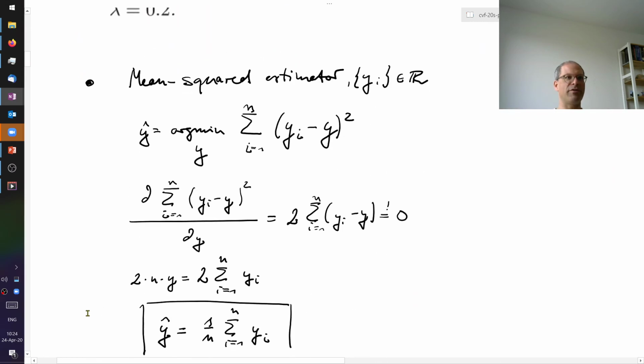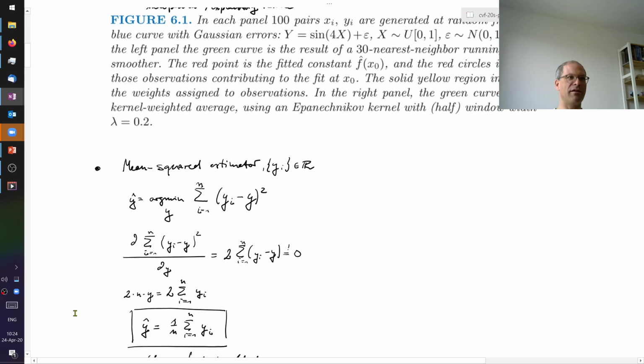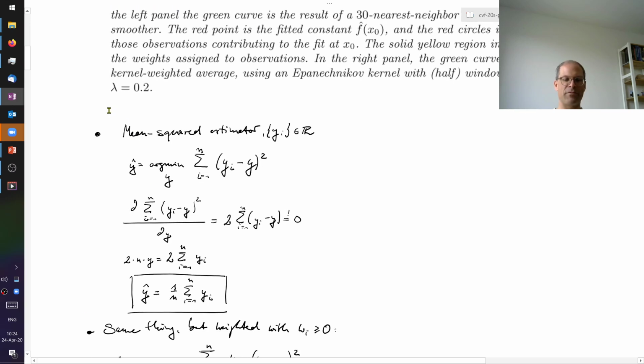I have a mini derivation here. Just to recall, the mean squared estimator is an estimator of location. So if I have a couple of measurements y_i, and I want to know their center of mass, how do I do that?